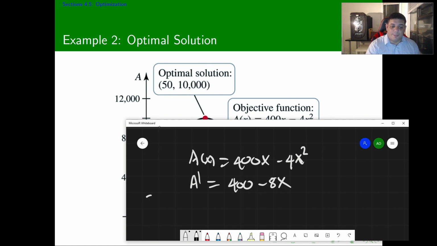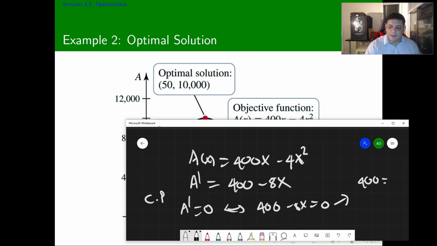So now critical points is when A prime is equal to 0, which is equivalent to 400 minus 8X equals 0. That implies that 400 equals 8X, or that 400 divided by 8 is X, and that's going to give me 50. Okay?